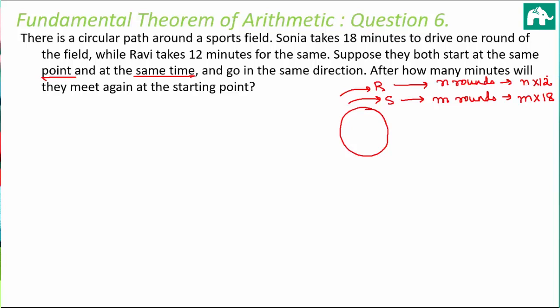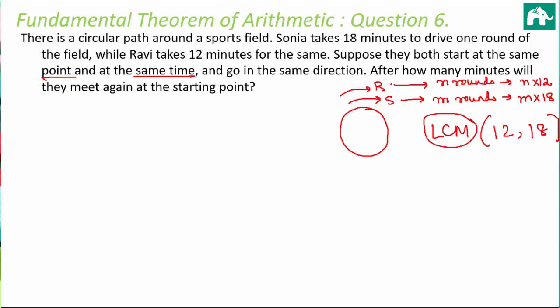So we are talking about a common multiple of both of them, right? So what we need to do is find the least common multiple of 12 and 18. Correct? So I hope you understood why we are calculating LCM in this case.